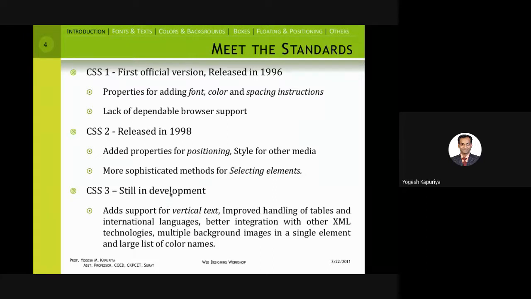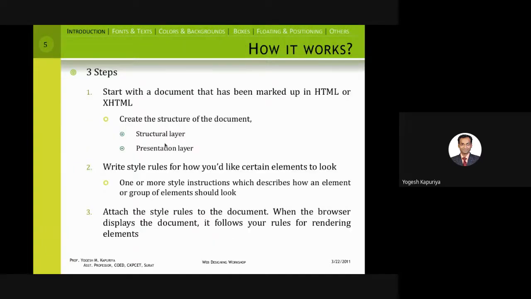It started in 1996, then CSS2 in 1998, and in the last 10 years, we are still in CSS3. There are mainly three steps to integrate CSS with your document. First, you require a document, obviously the HTML document which you want to present.